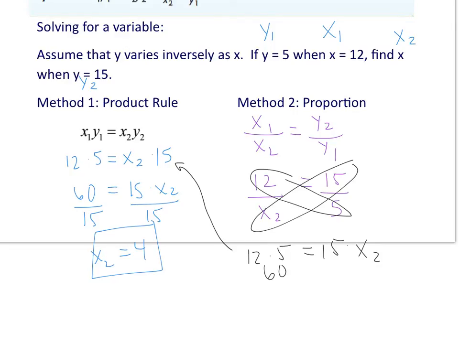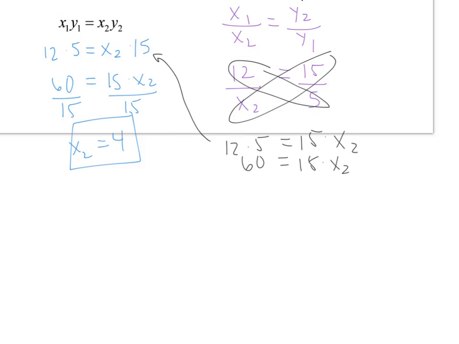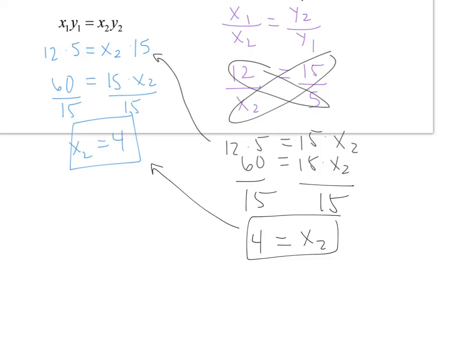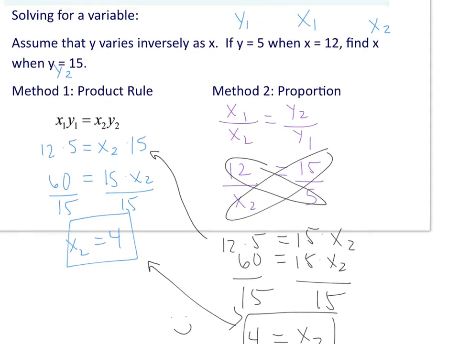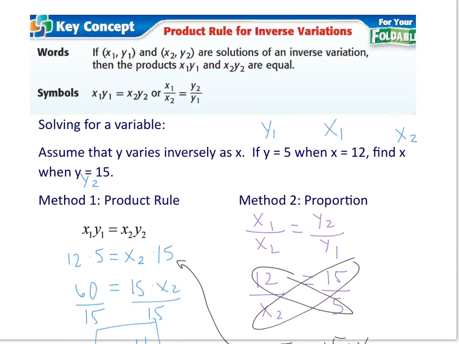So we have 60 equal to 15 times x sub 2. Now I divide by 15, and I get 4 equals x sub 2, which was the same answer we had right there. So we are happy. Feel free to use any method you would like when you have inverse variation and you have to solve for an unknown variable.